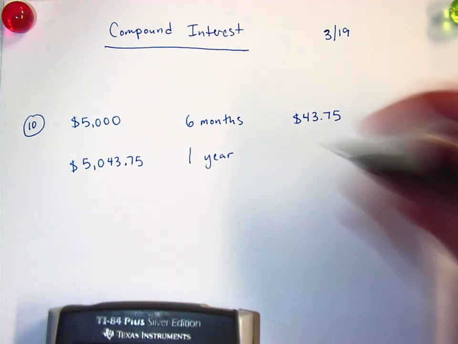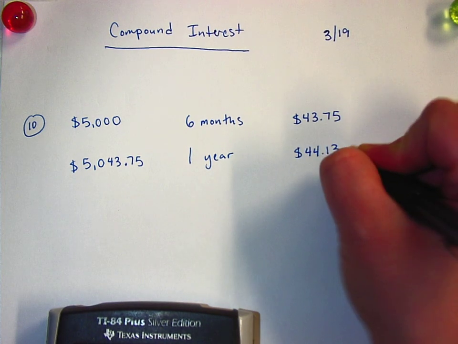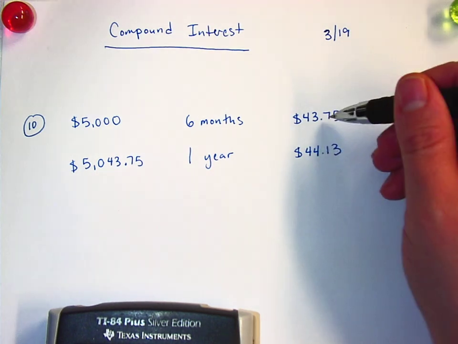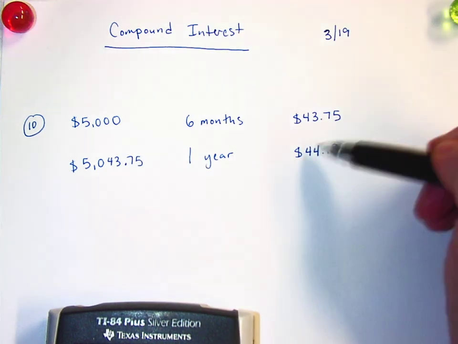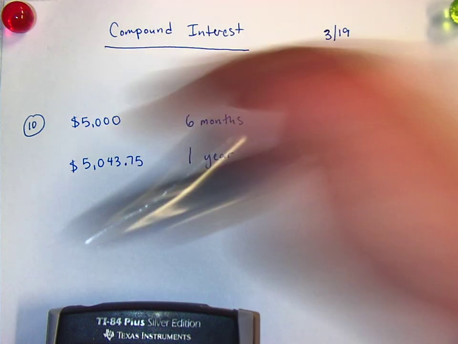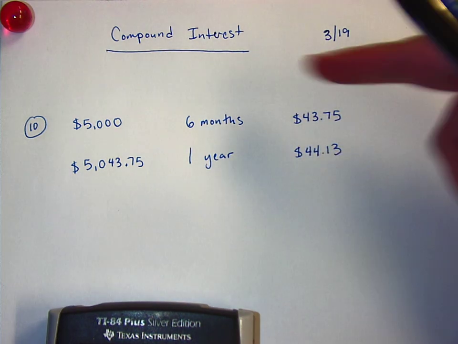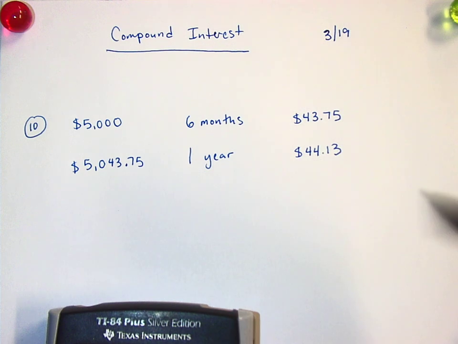And that gets me this time $44.13. And the reason why this one is more than that one is because I had a little bit more money in my account at this point, so I get a little bit more money in interest. See, the more money you have in your account, the more interest you get. So compound interest just keeps on compounding. You keep on getting more and more interest.